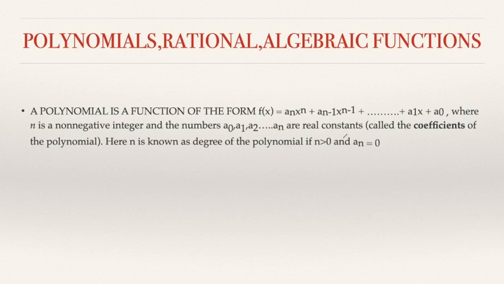So here you can see the last two parts a1x plus a0, and if the rest of the parts are not included, then you can say a1x plus a0 is a linear function. And similarly, if you include one more term here, suppose a2x square plus a1x plus a0, then it becomes a quadratic where the degree of the polynomial is 2.